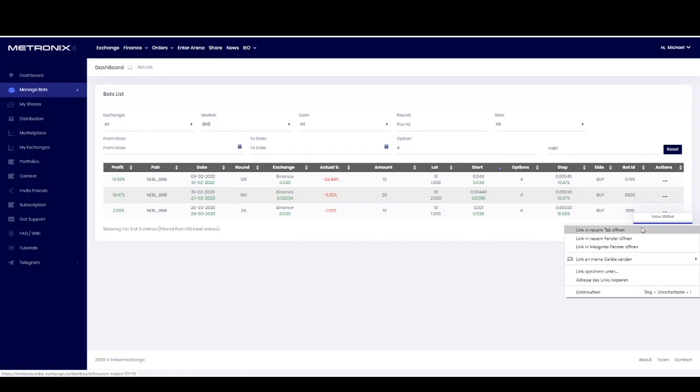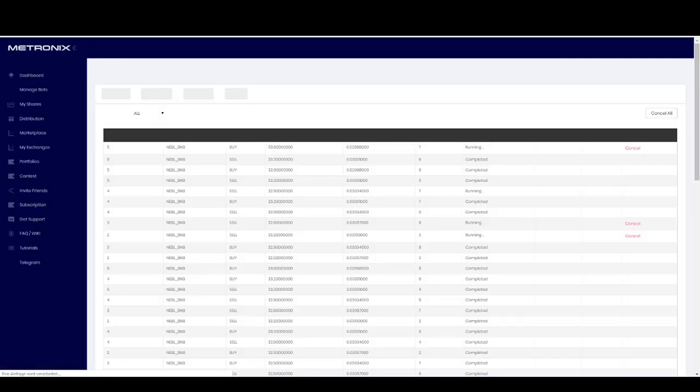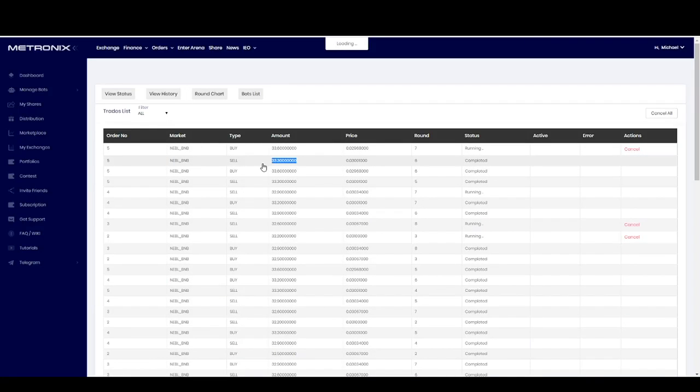Let's check the history. You can see this was the buy amount, this was the sell amount, and it was 0.3 Niblio each round that I take out of the market, so I can stabilize the market, because the fewer coins in the market, the higher the price will be.